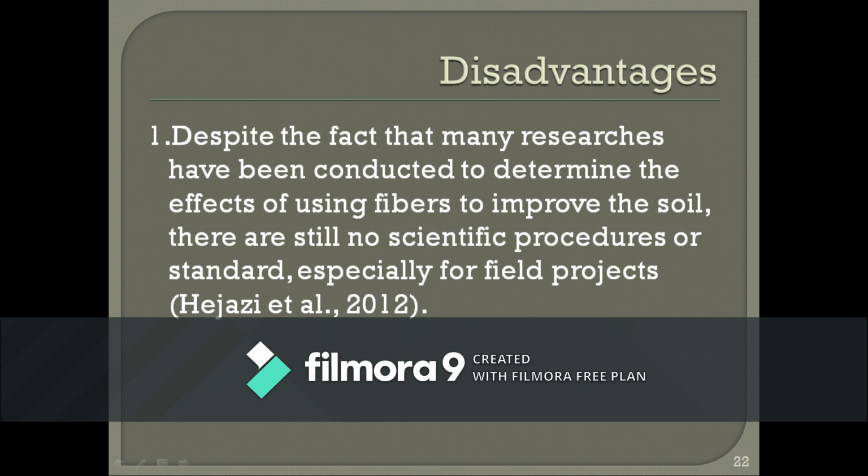What is the main disadvantage of using fiber reinforced material? Despite the fact that many researches have been conducted to determine the effects of using fiber to improve the soil, there are still no scientific procedures or standards, especially for field projects. So mainly, even though we are conducting small projects using all these fibers, with regards to strength or improvement in the soil, there is no scientific or standard procedure, and how it has to be implemented in the field is also not given authentically.